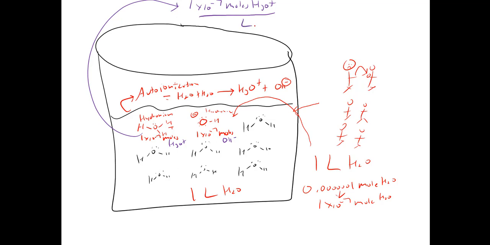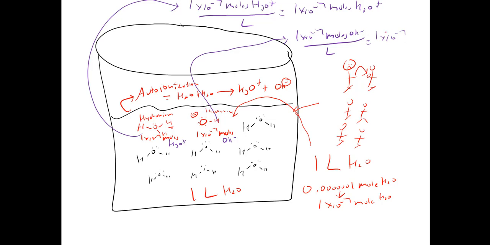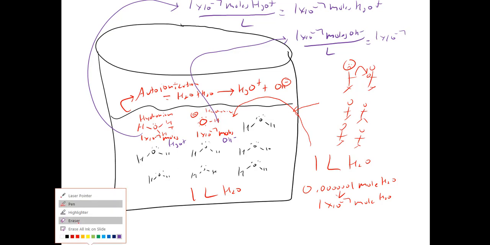So this is moles divided by liters, and here we have 1 times 10 to the negative 7 moles of hydronium, and then we also have 1 times 10 to the negative 7 moles of hydroxide divided by 1 liter, and then this gives us 1 times 10 to the negative 7 molarity.